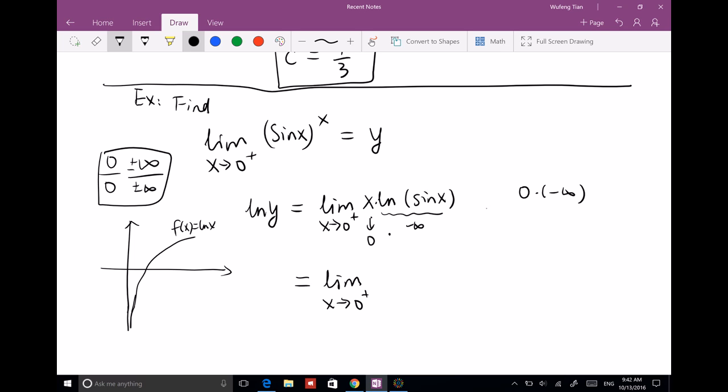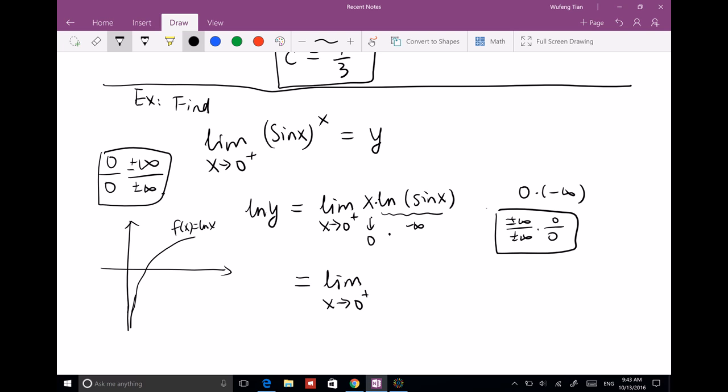We cannot, because we don't have the 0 over 0 or infinity over infinity forms. We need these forms to be able to use L'Hopital's rule. This one we cannot. So, is there any transformation we can do?